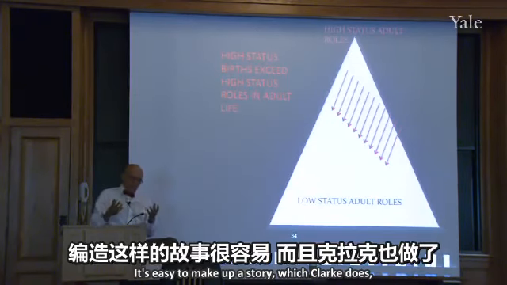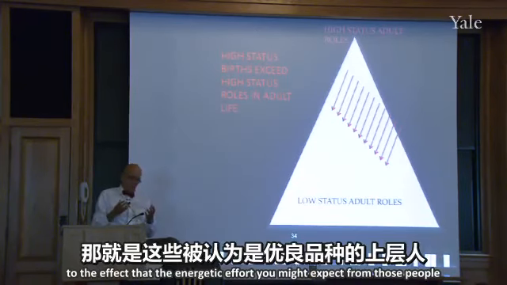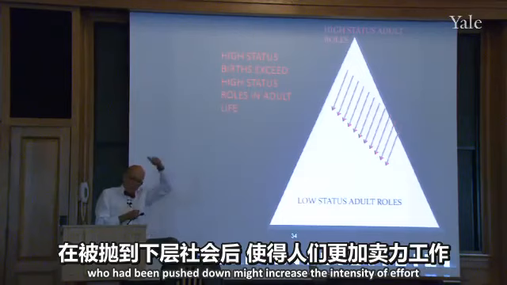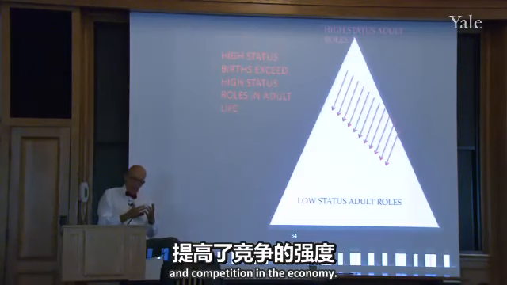And it's easy to make up a story, which Clark does, to the effect that the energetic effort you might expect from those people who had been pushed down might increase the intensity of effort and competition in the economy.